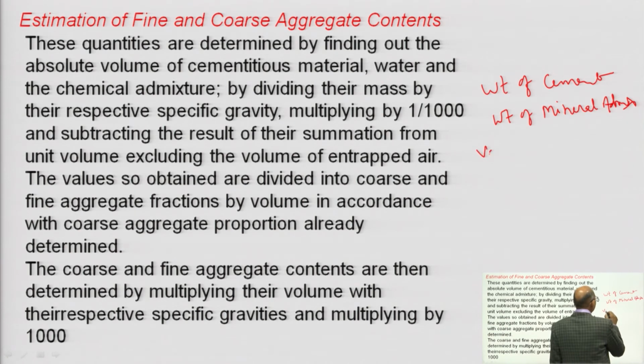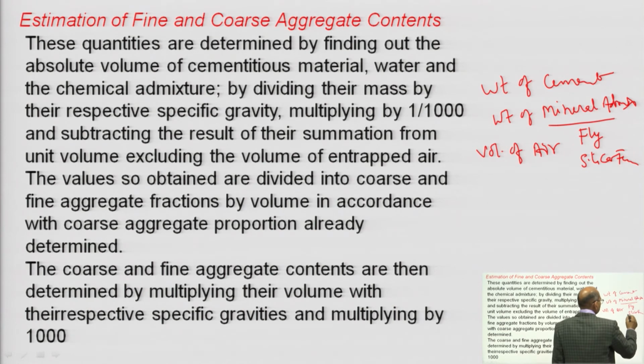So, we can calculate that also. So, the volume of air is also known. Then we know the mineral admixture also, you can find out the weight of fly ash, silica fume and others like metakaolin. So, that weight you can calculate. Then you have calculated the volume of air, and the weight of water content is also known.